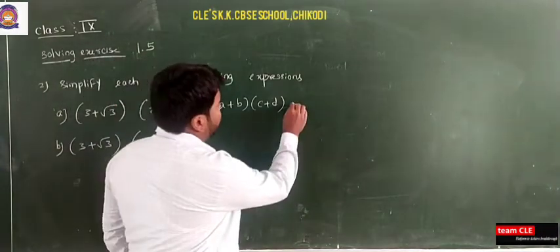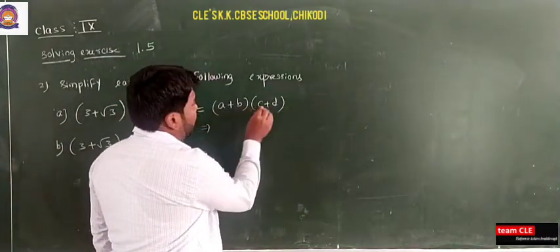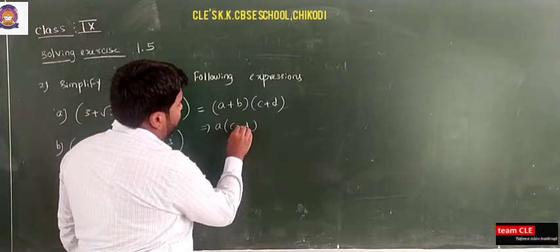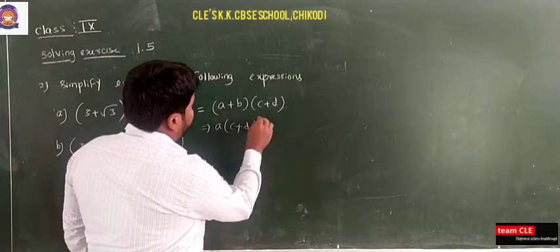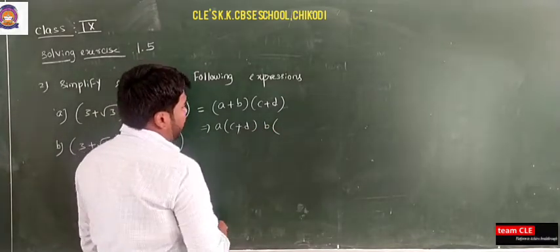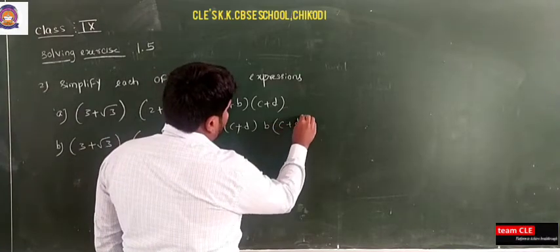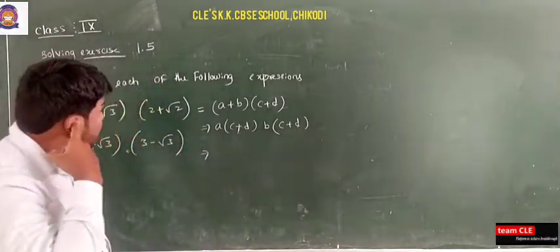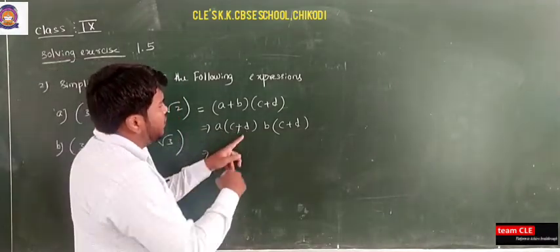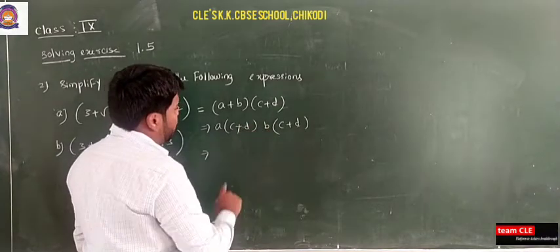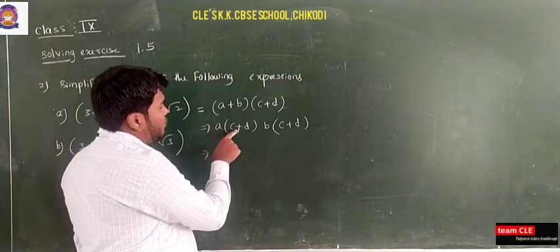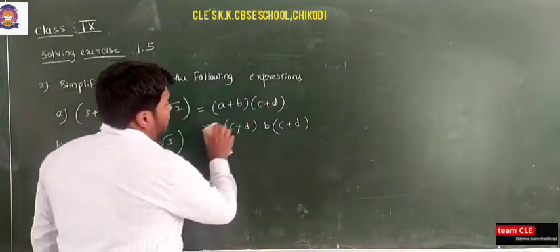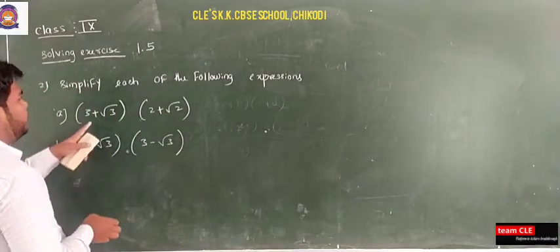If I solve this, you will get a into (c plus d) plus b into (c plus d), that is a into c, a into d, b into c, and b into d. See here how to solve this.